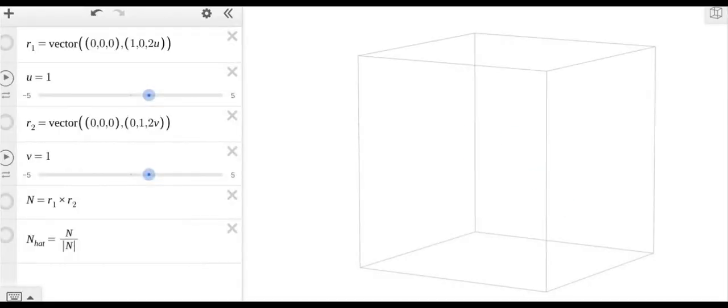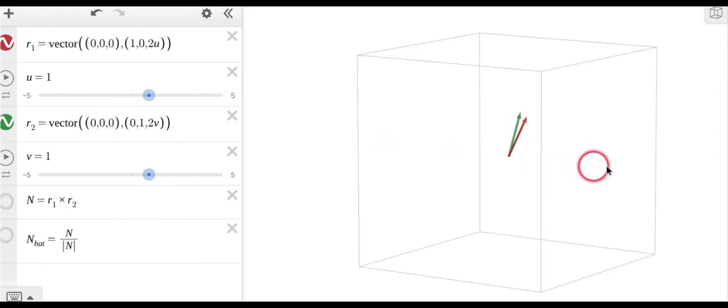Okay, I'm in desmos.com/3D. Now here is the vector that we found. Remember 1, 0, 2u, so we're just going to call that R1. Here's the other vector we found, 0, 1, 2v, remember? So we got two vectors.